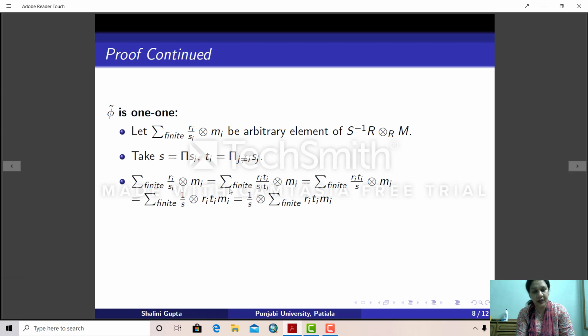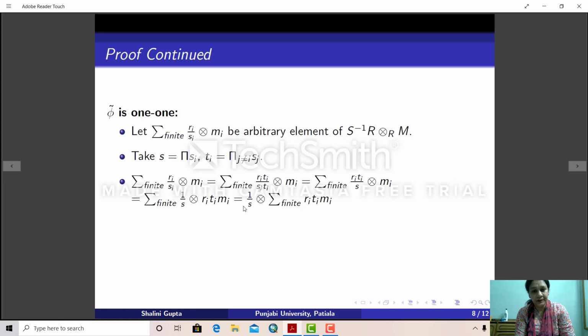This element can be written as the sum of riti/siti tensor mi. Now siti is nothing but s. So this will be the summation of riti/s tensor mi. Now by the property of tensor product, this is equal to the finite sum of 1/s tensor riti tensor mi.